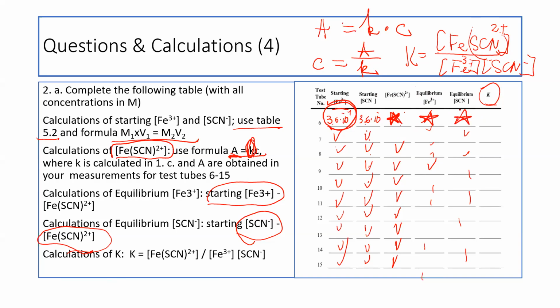Let me clean it. Okay? Maybe do it like that. K will be this over this and over this. That's going to be your K. That's it. So you will determine K for every test tube. Okay, calculate it.